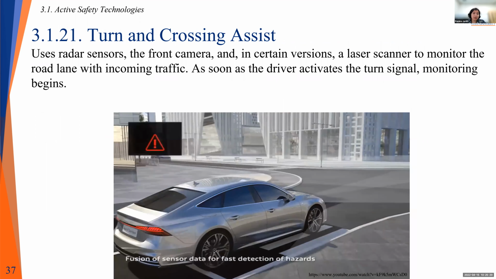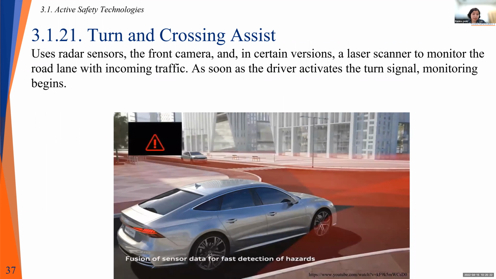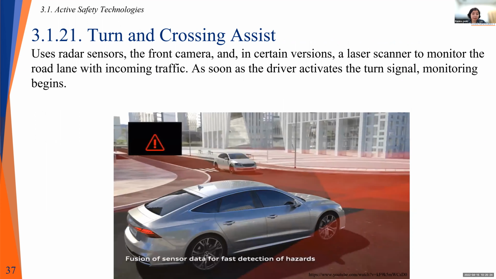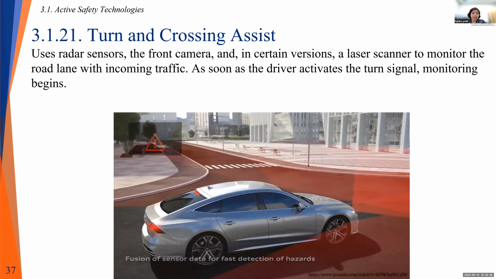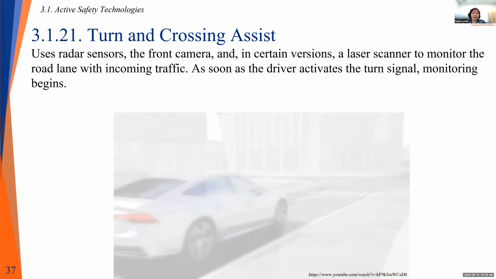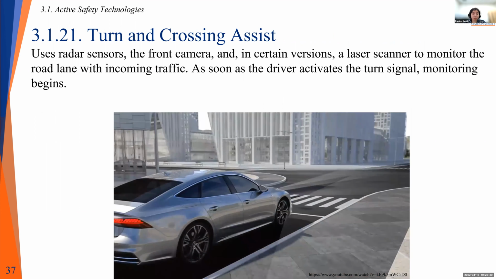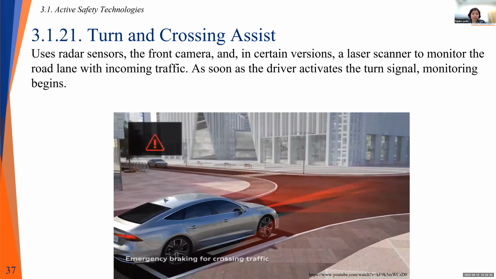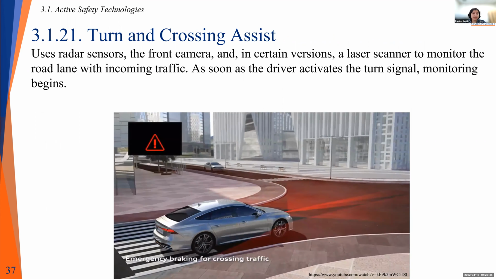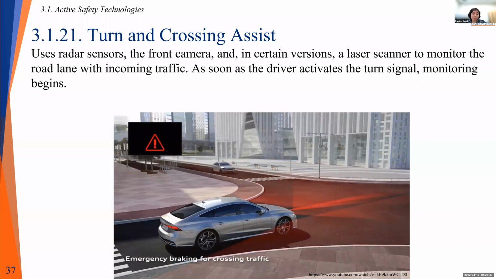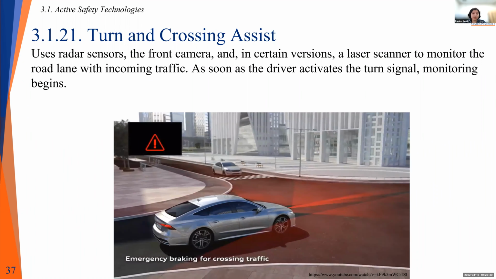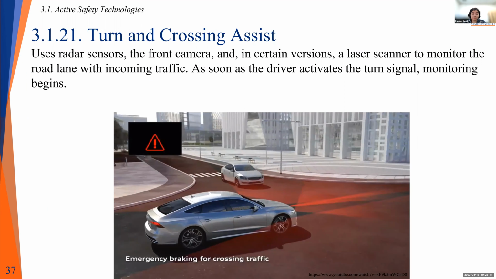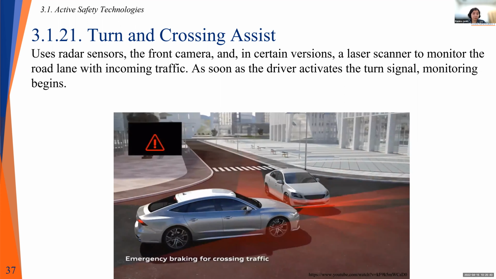Another one is turn and crossing assist. Turn assist works by monitoring the vehicle when the driver activates the turn signals. The system can intervene by applying the brakes to avoid colliding with an incoming vehicle when turning left or right.